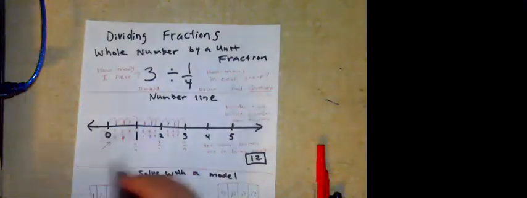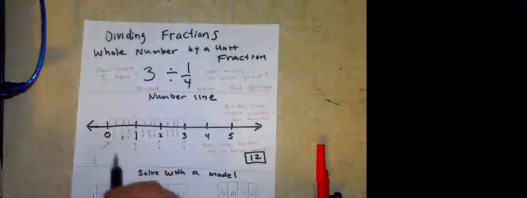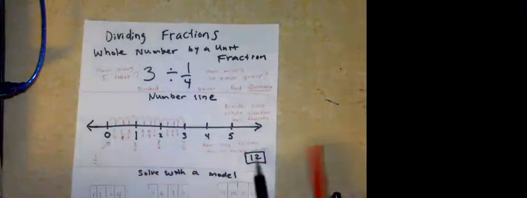That's the key, 1/4. And how many 1/4s do we have? We have 12. Okay. We drew a model. We have 1, 2, 3 wholes, and every one of them we cut into fourths. Then we just count 1, 2, 3, 4, 5, 6, 7, 8, 9, 10, 11, 12.